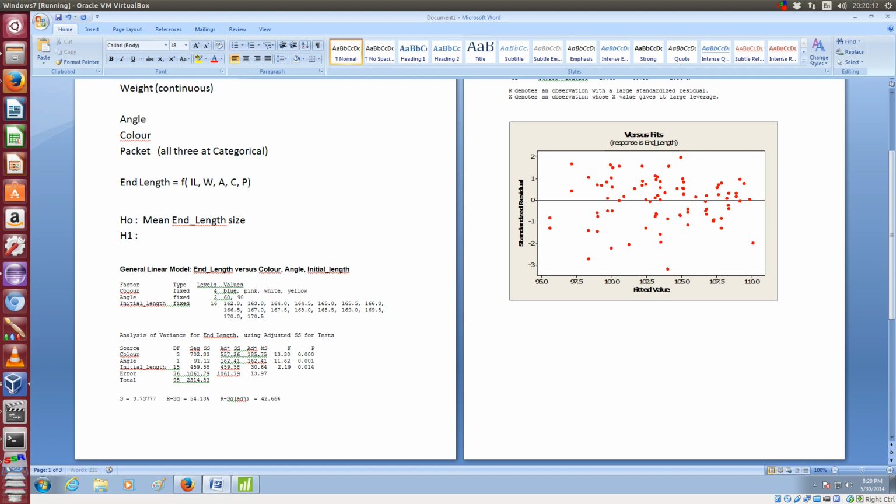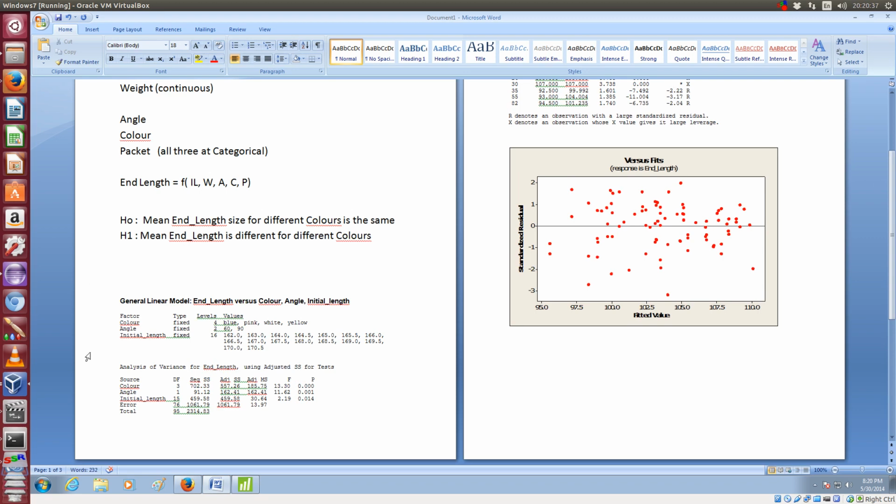The mean end length size for different colors is the same, and then basically the alternative hypothesis is that the mean end length is different for different colors. I know I haven't worded that very well, but that's essentially what you're doing. So you would go through and you would do H0 and H1 for the other two. So we've got one for the angle and one for the initial length.